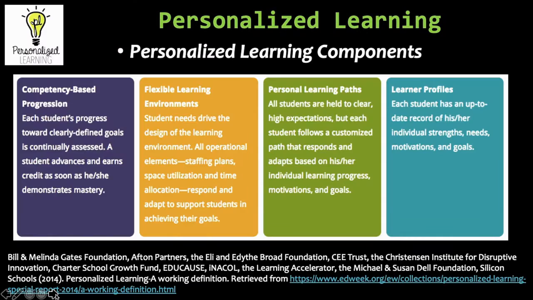The model itself has 4 components, namely competency-based progressions, where students master key competencies and progress toward them as they are mastering them. The learning environment is flexible to the individual learner, allowing students to be at different stages when interacting with the content. Students also have personal learning paths and personal profiles that help with tracking their progress.